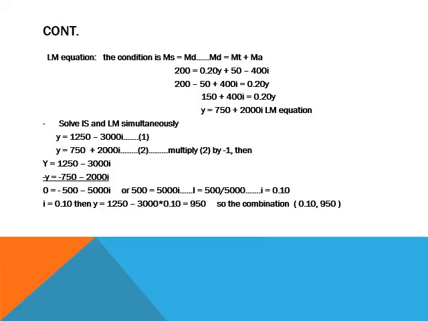Negative 500 equals negative 5000 i, or 500 equals 5000 i, so i equals 500 over 5000, equal to 0.10.